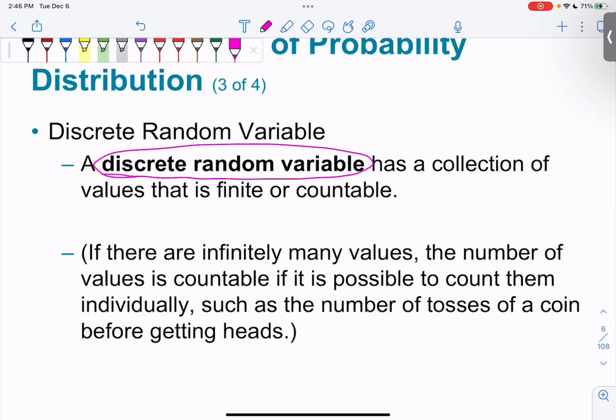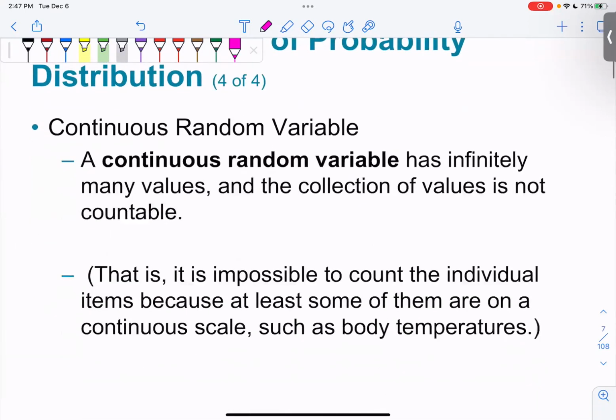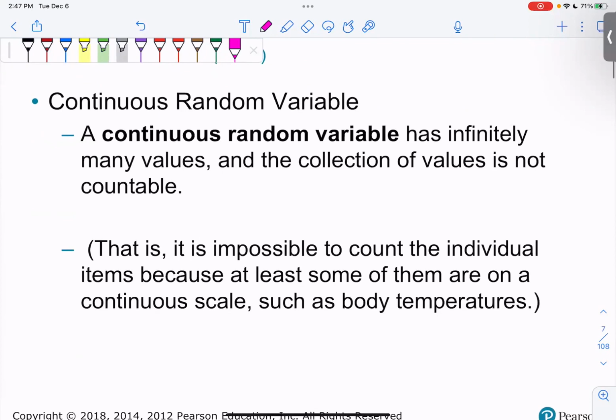Just to make sure, when I say random variable, that means numerical. The hair color is still a variable, but it's not random, because it's not numerical. The random variable must be numerical, discrete or continuous.